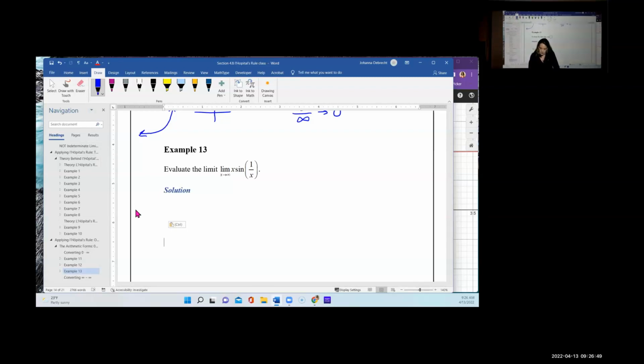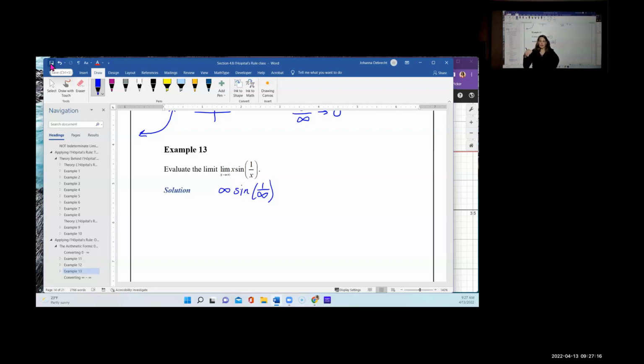X is approaching infinity. So I have to think about the graph of X, which is a line. As X goes to infinity, the Y value goes to infinity. So I have infinity. And then I have the sine of 1 divided by infinity. Now, 1 divided by infinity isn't really a number, of course, but it would be driven down to 0, right?